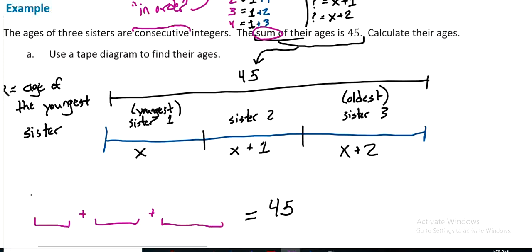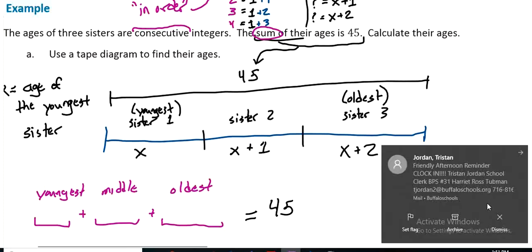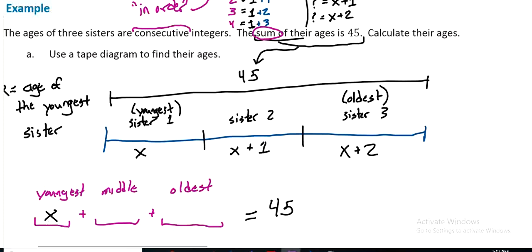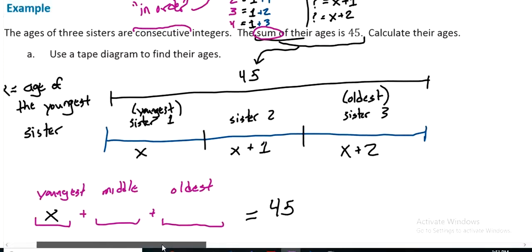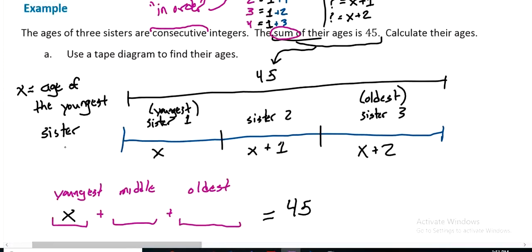So this is the youngest, middle, and oldest. The age of the youngest sister was just x, because x equals the age of the youngest sister.